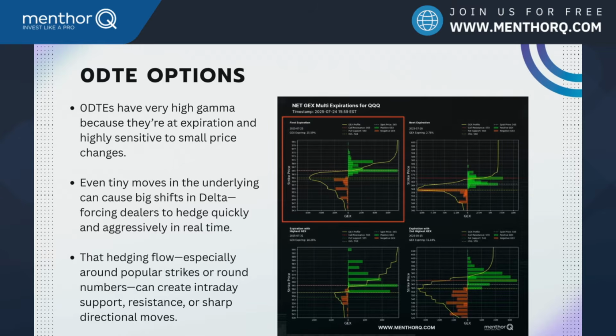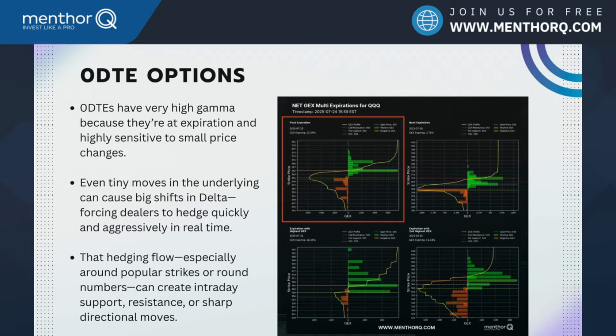For those who don't know what zero DTEs are, essentially they are options that are expiring daily. If you trade SPX, futures, QQQ, or some of the ETFs, they have daily expirations. If you trade stocks, we only have weekly expirations, so you can only trade the options expiring on Friday. But if you trade indices and futures, we do have daily expirations.